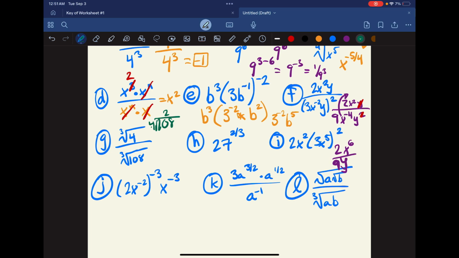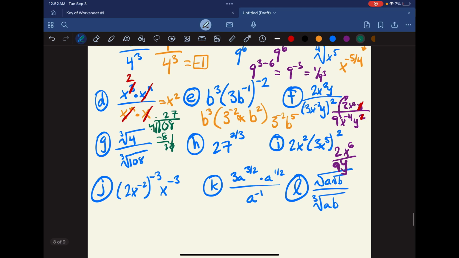That's 27. So we can rewrite this as 27 times 4, because 108 is 27 times 4. That's another way you can write that.